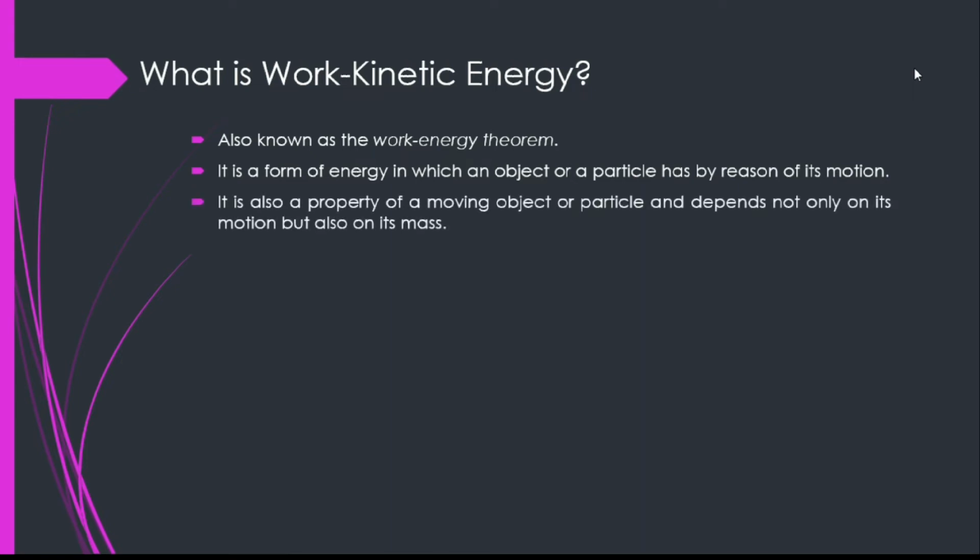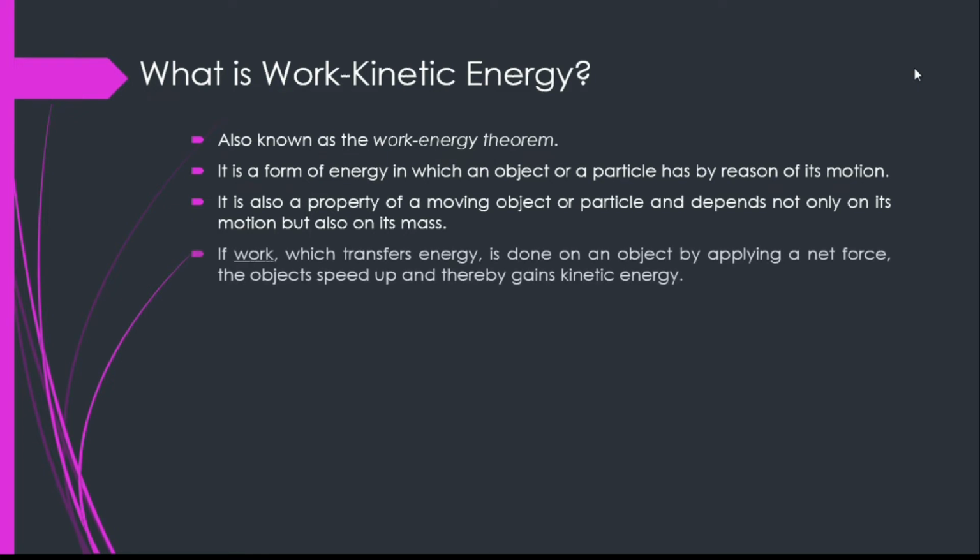It is also a property of a moving object or particle and depends not only on its motion but also on its mass. If work, which transfers energy, is done on an object by applying a net force, the object speeds up and thereby gains kinetic energy.